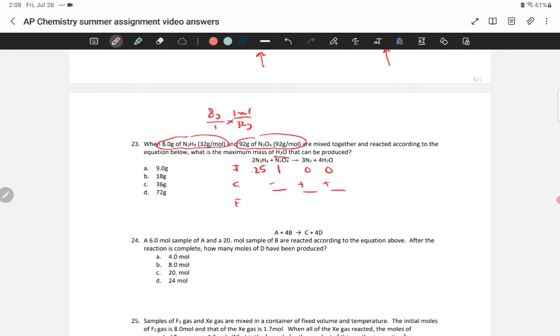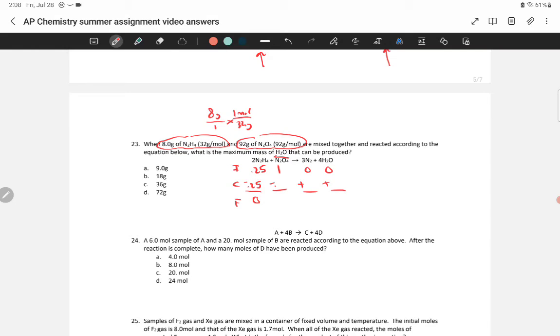We will lose N2O4 and we will lose N2H4. So I think we have a lot less of the N2H4. So we're going to have to lose it all. Something's always going to be the limit reactant. And it's a 2 to 1. So this number here has to be that same ratio, 2 to 1.